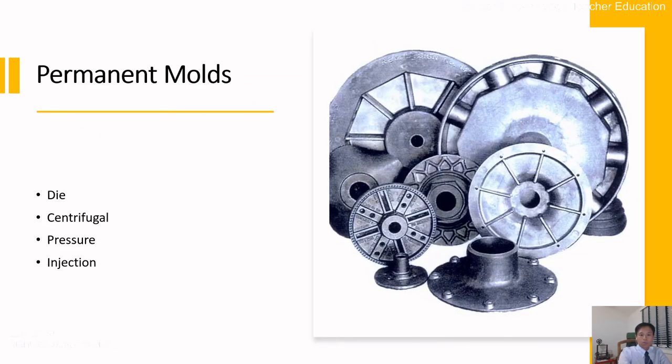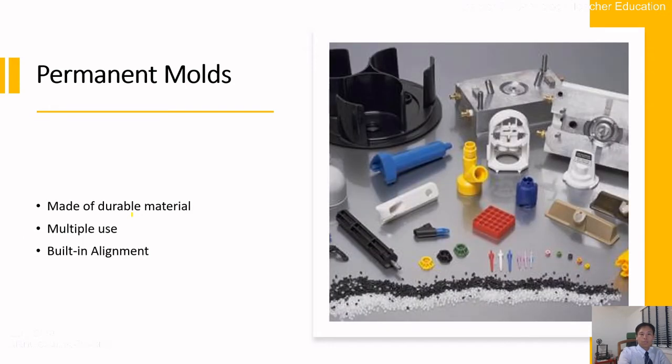So there are many types of expandable mold, and then the pattern must be produced each time, right? And then permanent mold, these are examples, so don't worry about these names of types, but we are looking at details. But the characteristics are made of durable material and multiple use. That's the key difference between expandable and permanent mold, and built-in alignment. So that's automatic. Most permanent molds have an automatic process, like an automatic machine that produces every process.